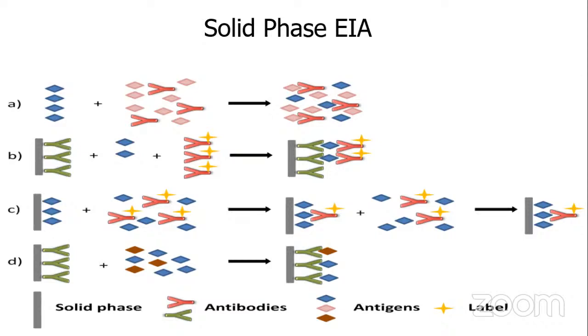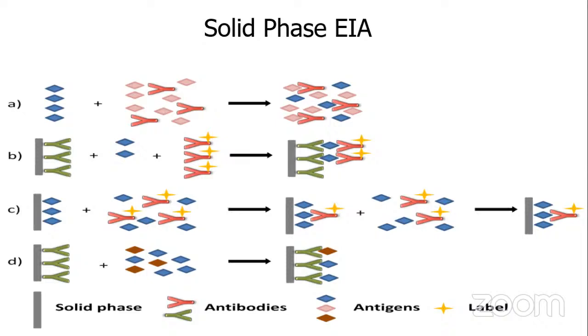Or you can add the antigen and the antibody will bind, then wash it and add another reagent, an enzyme-labeled second antibody, that will bind. Then you react the enzyme and show the color reaction. In this case, the enzyme is the label. You get the product and measure the color.